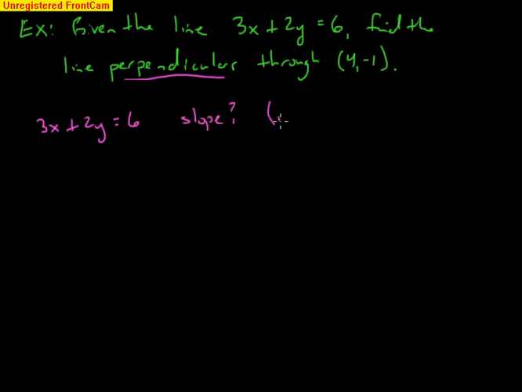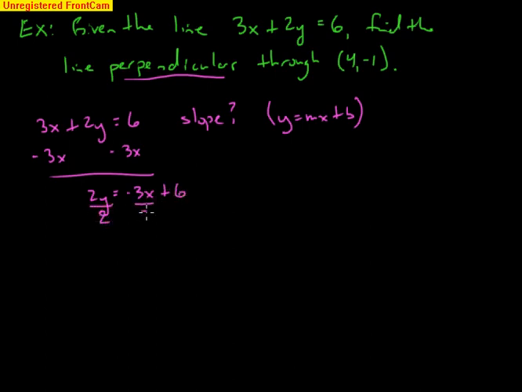And in order to find the slope, we need to put it in slope-intercept form. Okay, so what does that mean? Well, we subtract 3x from both sides. 2y equals -3x plus 6, and we divide by 2. Everything gets divided by 2, just as before, and we get y equals -3/2 x plus 3.